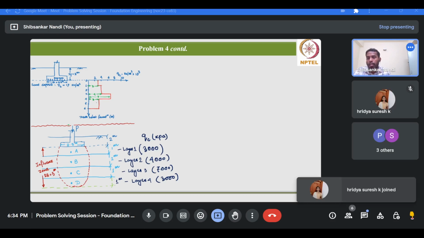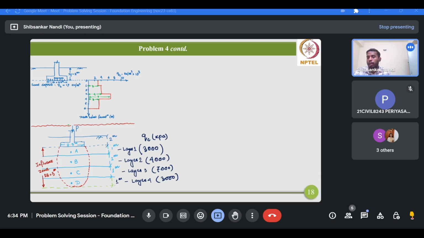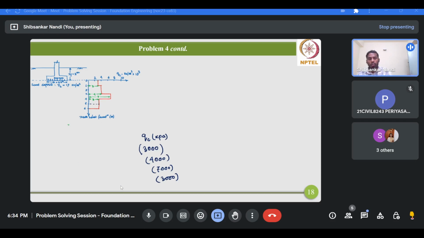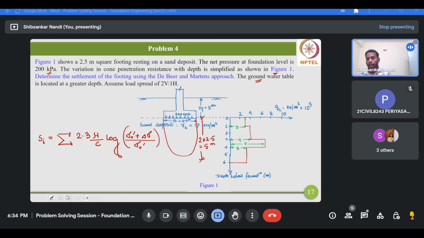And for the last layer, layer 4, it's 5 minus 4, that is 1 meter, though the variation is given up to 6. Please keep in mind the influence zone is restricted to a depth of 5, so the thickness of the last layer is 5 minus 4, that is 1 meter. Now this is about the layering.